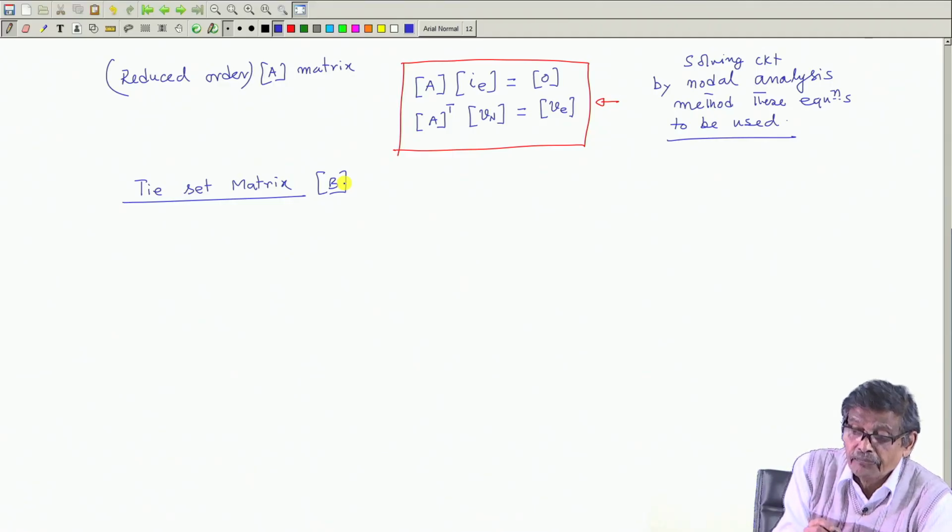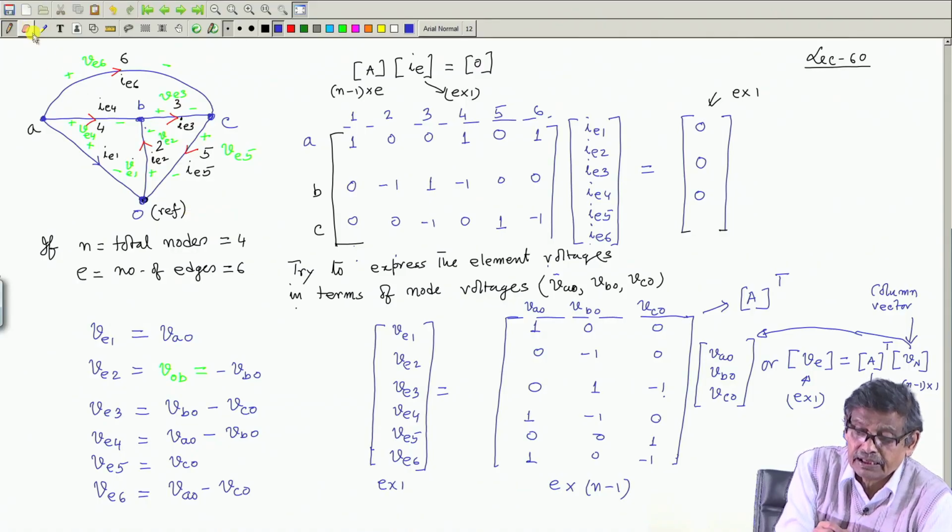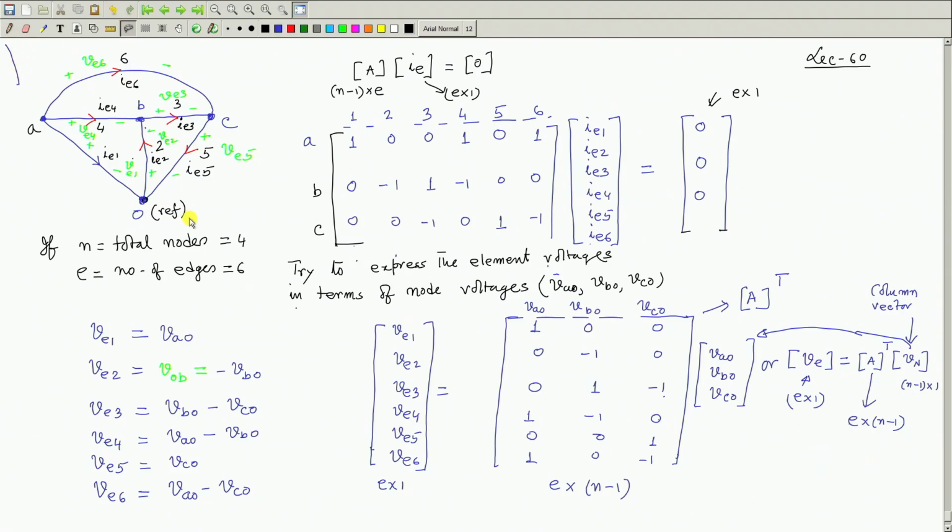Now, you know that this always I will be needing. So, I will just copy this diagram, this one.